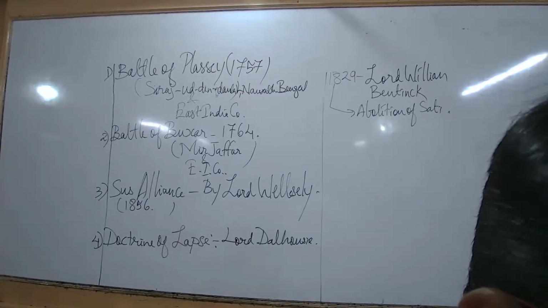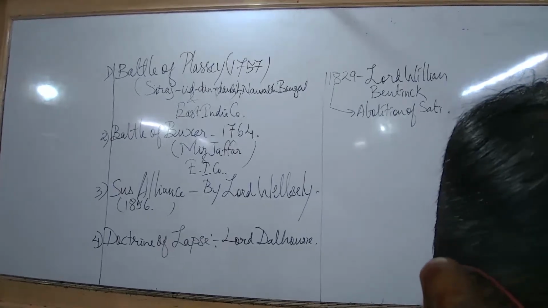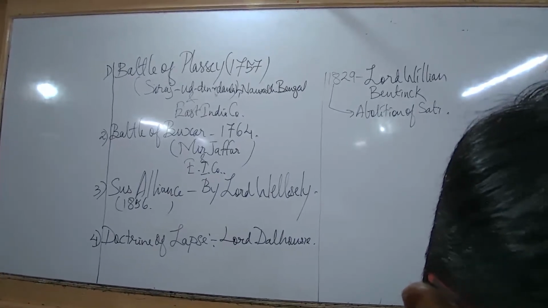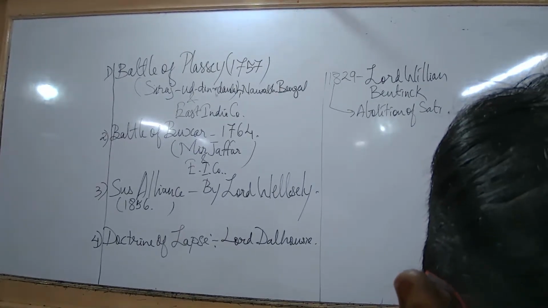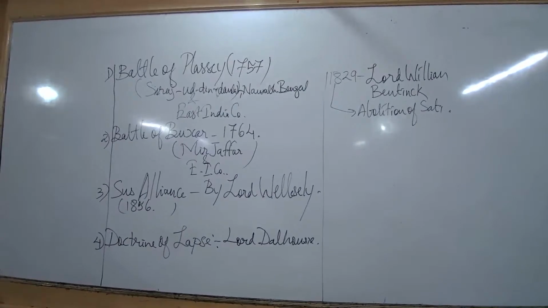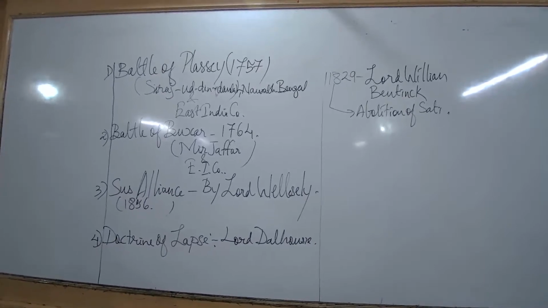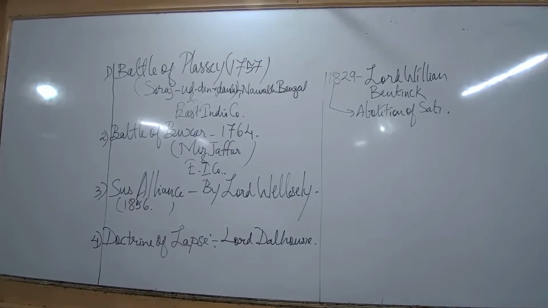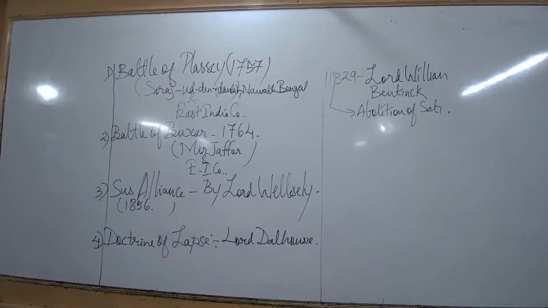Next important incident. Write down the next important date. I'll try to give this also: decline of landed aristocracy, the Inam Commission, 1852. Now you write this. What is that commission?